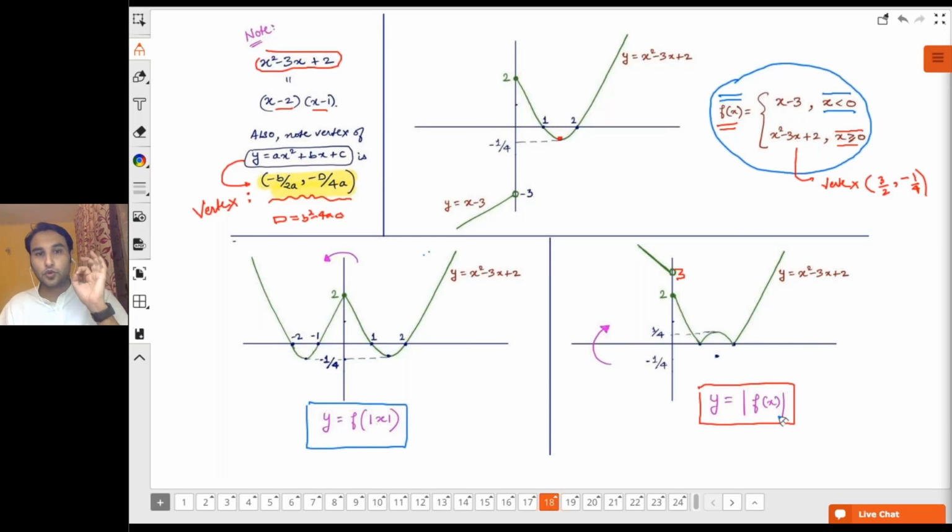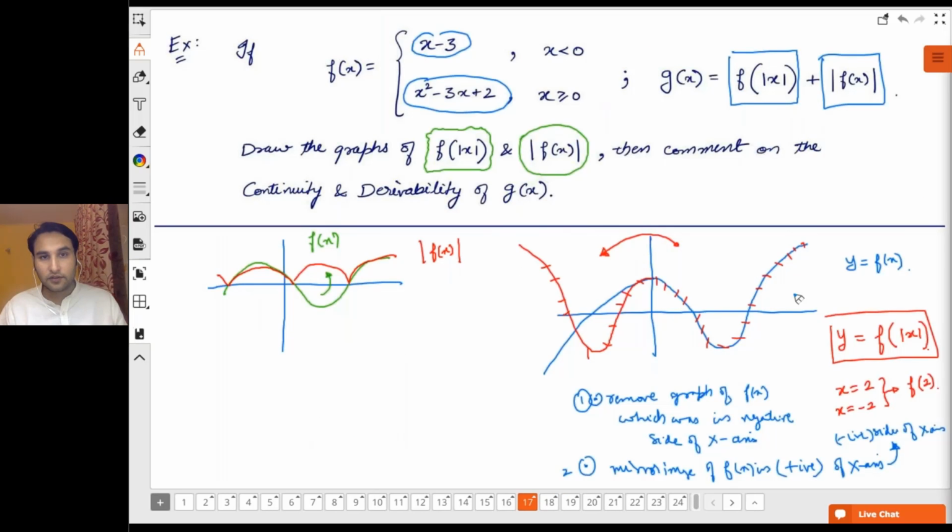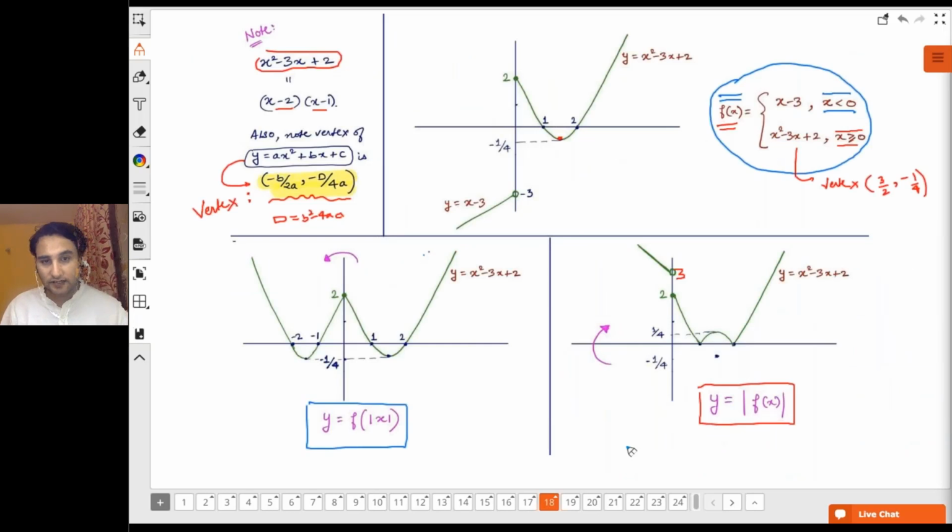You have f of mod x, you have mod of f of x. All you need to do is see where individually these are discontinuous or non-differentiable, to answer the question. Got it? See, it is discontinuous at x is equal to 0. You see a break here?